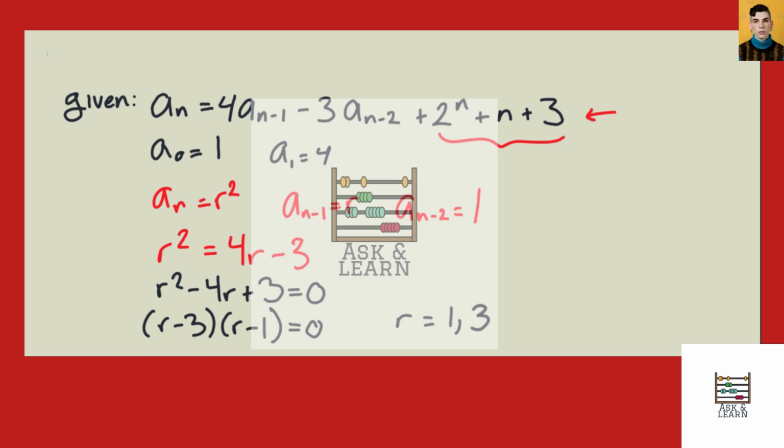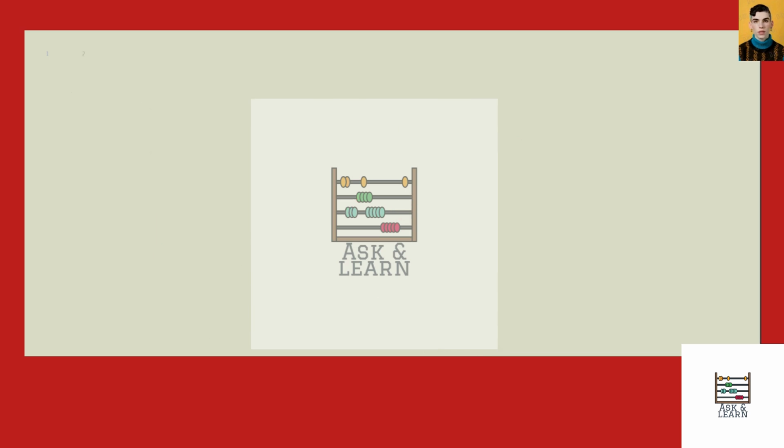Now we're going to use these roots to write our homogeneous linear recurrence relation. So the homogeneous portion, we'll put a little h at the top here for that, is going to be equal to alpha 1 times 1 to the power of n plus alpha 2 times 3 to the power of n.